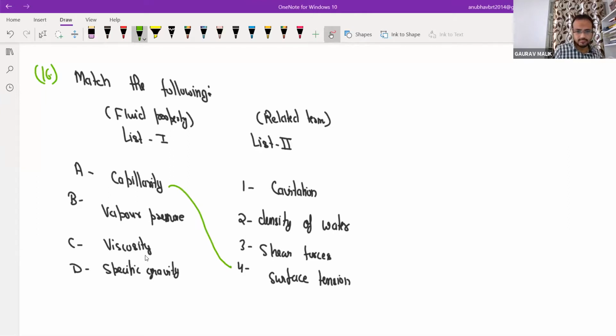Viscosity is due to shear forces. Again, vapor pressure, cavitation, and specific gravity, density.